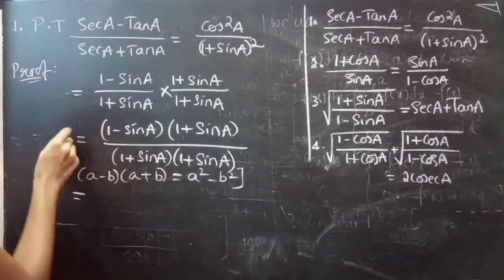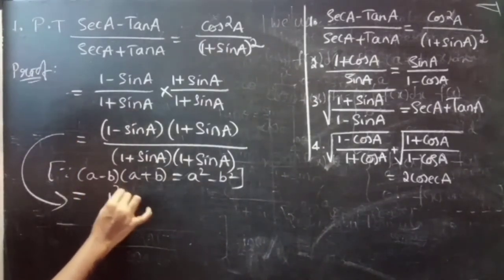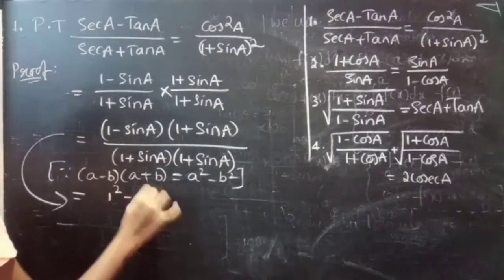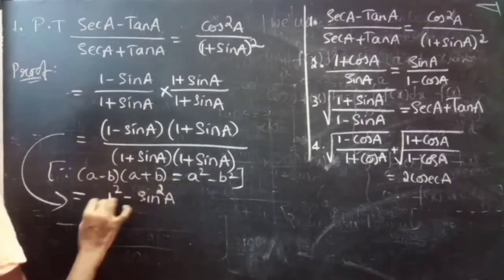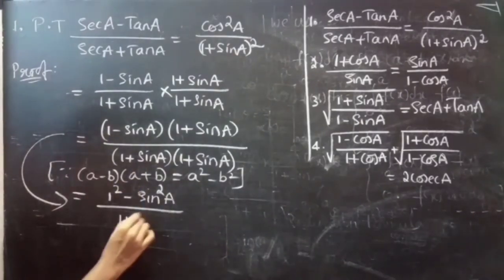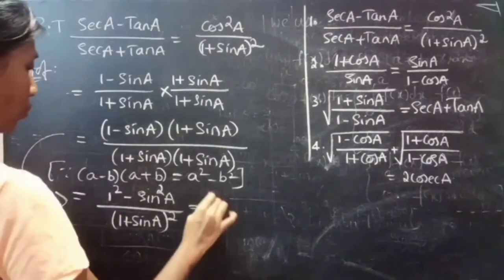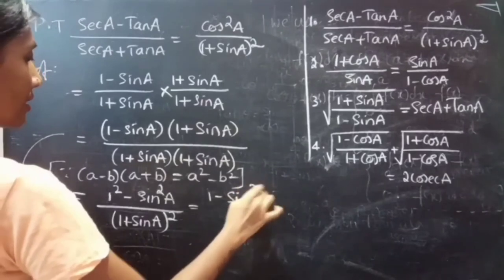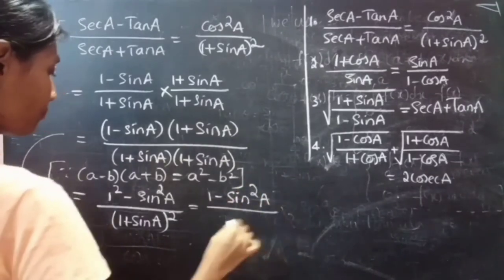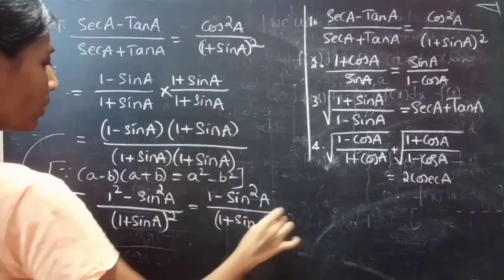So now this becomes A square, which is 1 square, minus sin square A, divided by (1 plus sin A) into (1 plus sin A), which is (1 plus sin A) whole square, which equals 1 minus sin square A by (1 plus sin A) whole square.